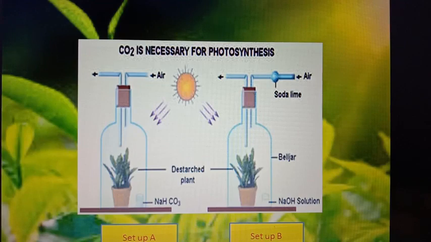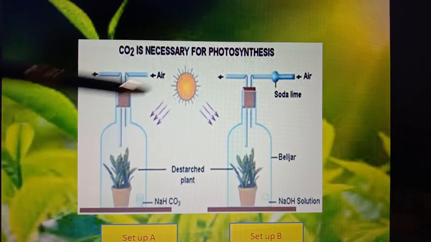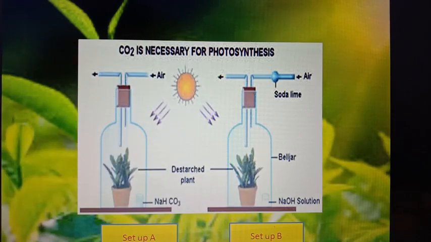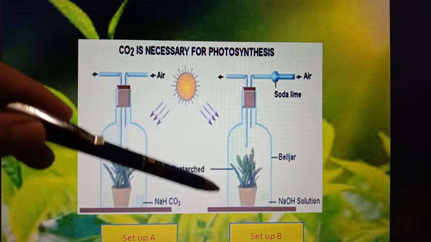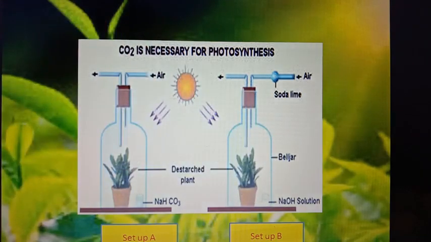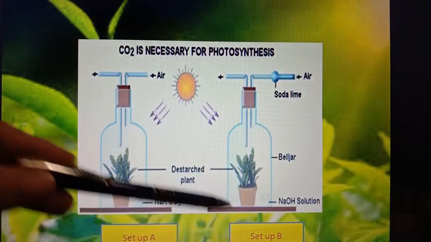First, you have to take 2 potted plants and keep them in the dark to make them discharged. Then cover both plants with a glass bell jar and label them as setup A and setup B.